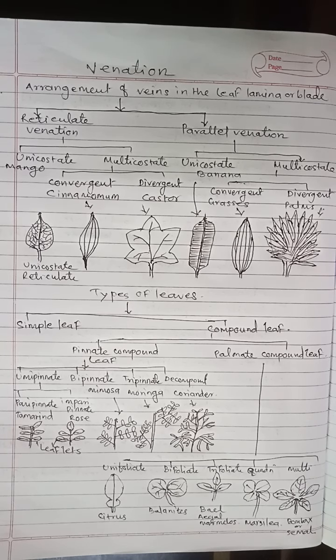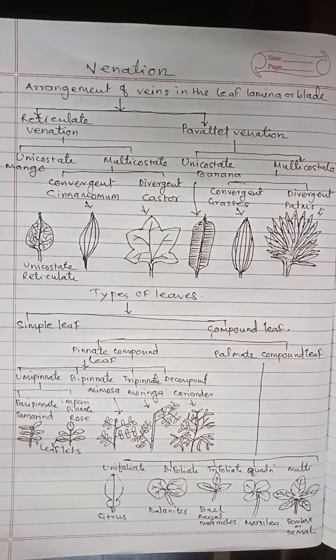And multifoliate type, a palmately compound leaf having 5 or more terminal leaflets arranged as fingers of the palm. Means there are more than 4 leaflets. Example, Bombax, Cleome viscosa.